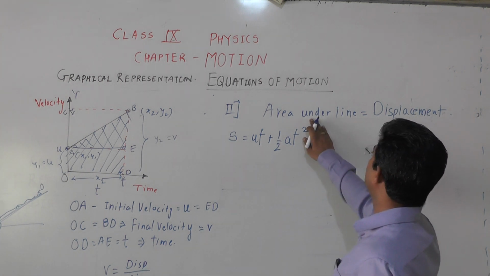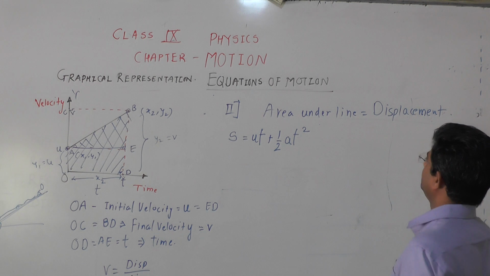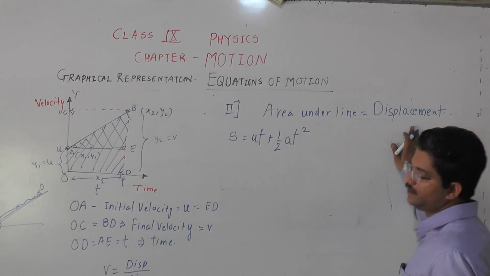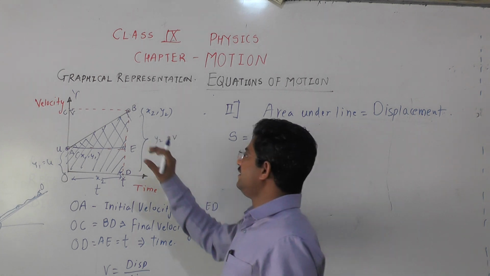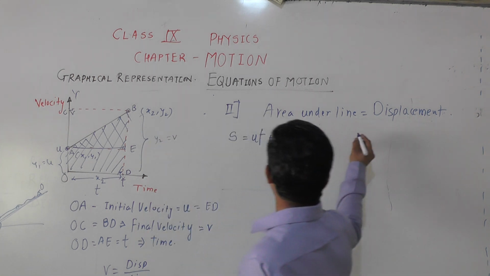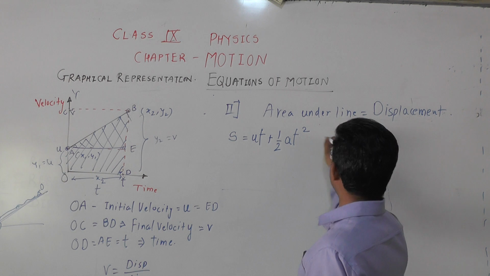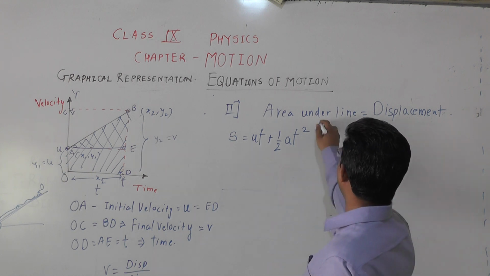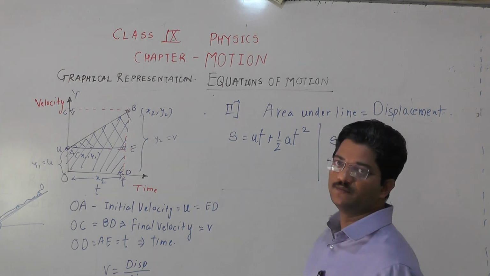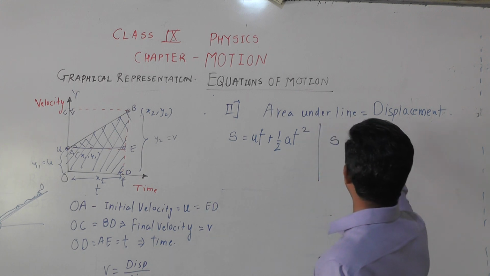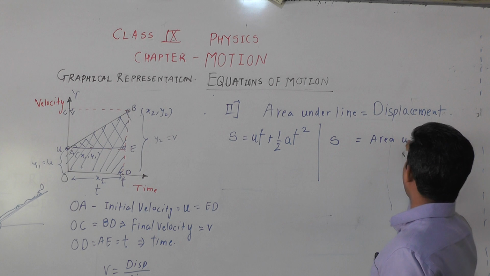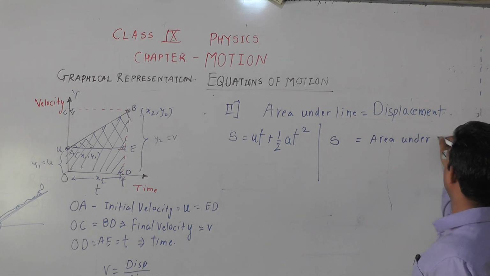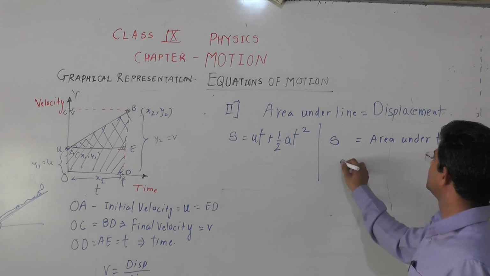So we will start from the area. The area under the line is representing the displacement. So how to calculate this area now? This area under the line is the displacement. I will represent it with the help of the letter small s. So this S is the area under the line, and I will divide this area into two parts.